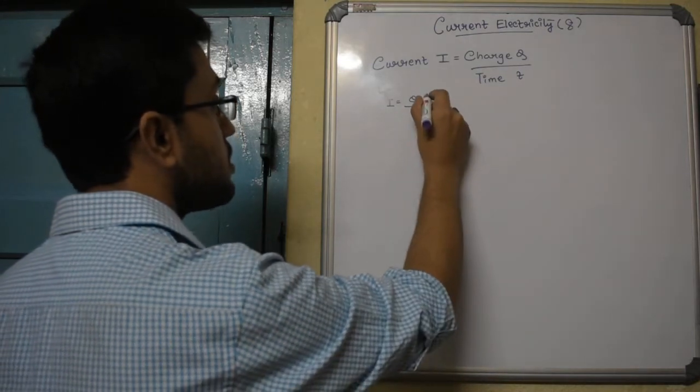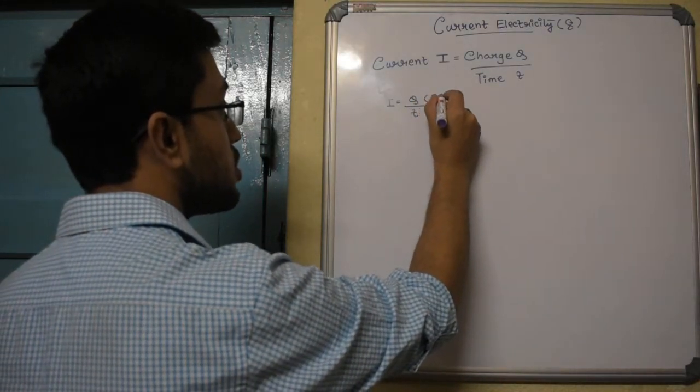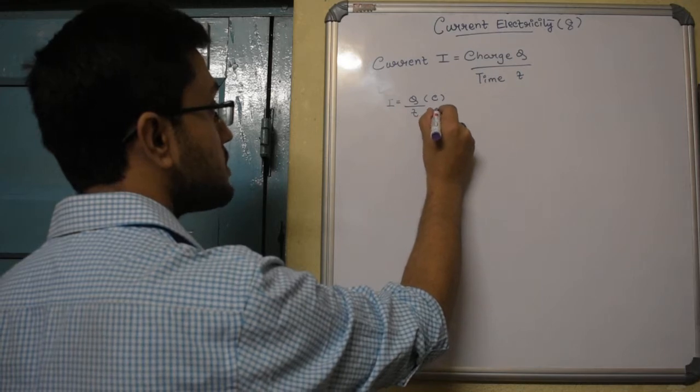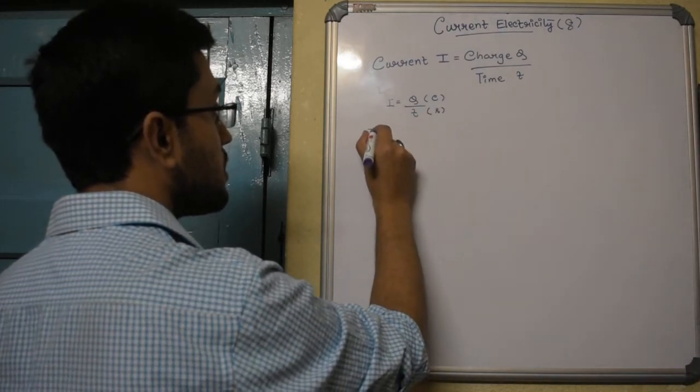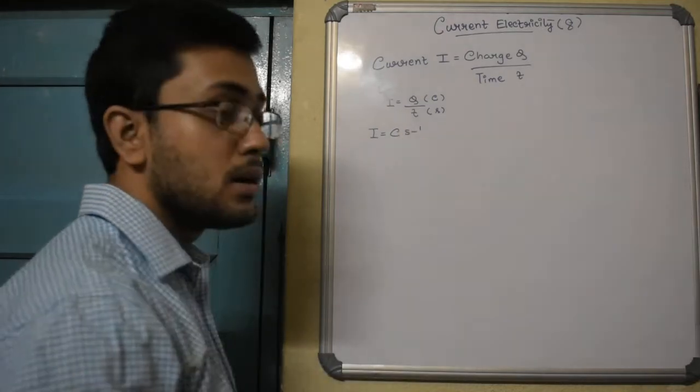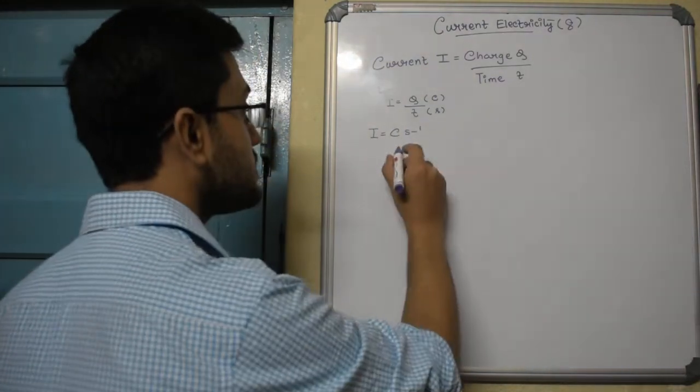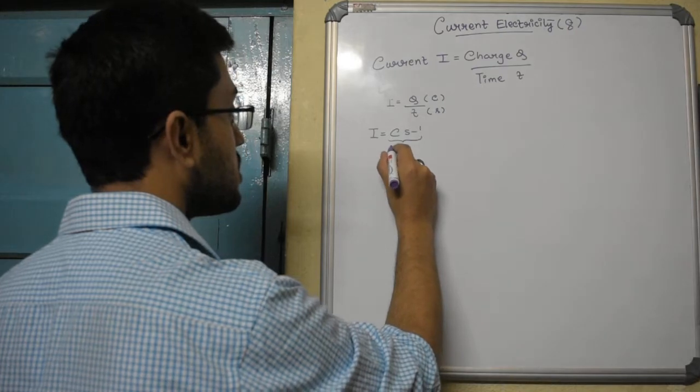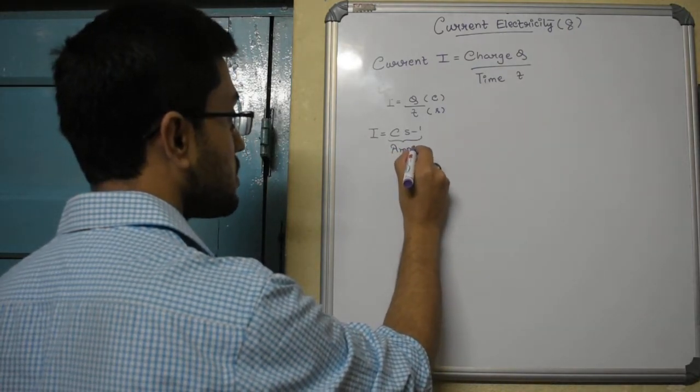Now the SI unit of charge is coulomb and the SI unit of time is second. Therefore current has this unit, coulomb per second. Now this entire thing, coulomb per second, is in one word known as ampere.